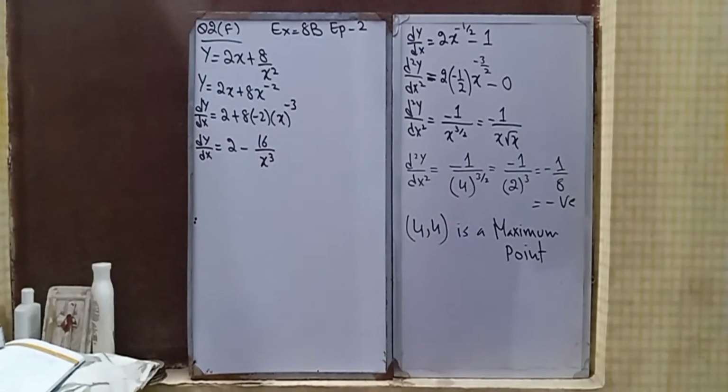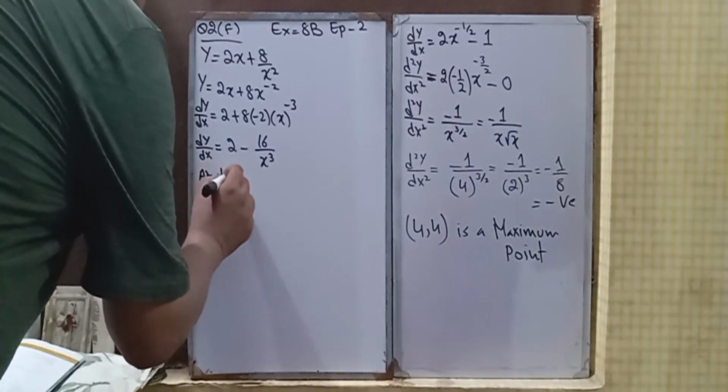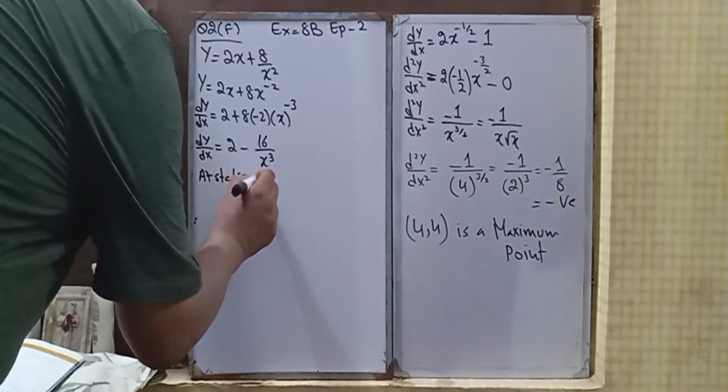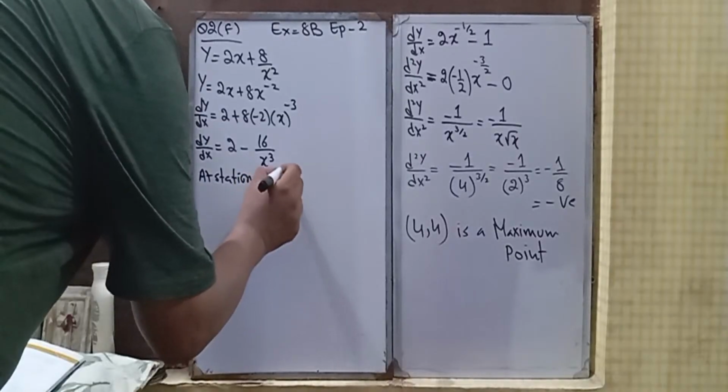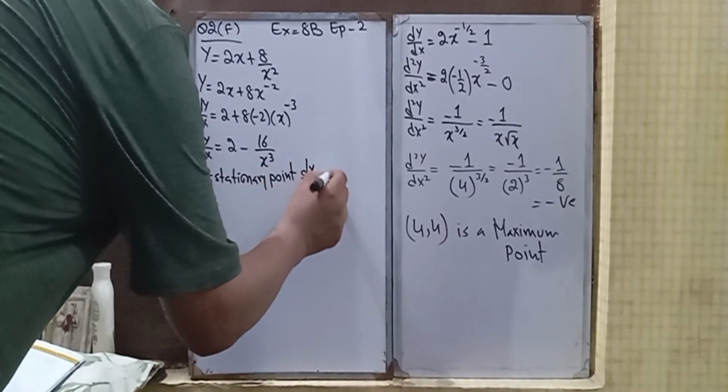Okay, so this is how you will find the first derivative. Then at the stationary point, dy by dx is equal to 0.